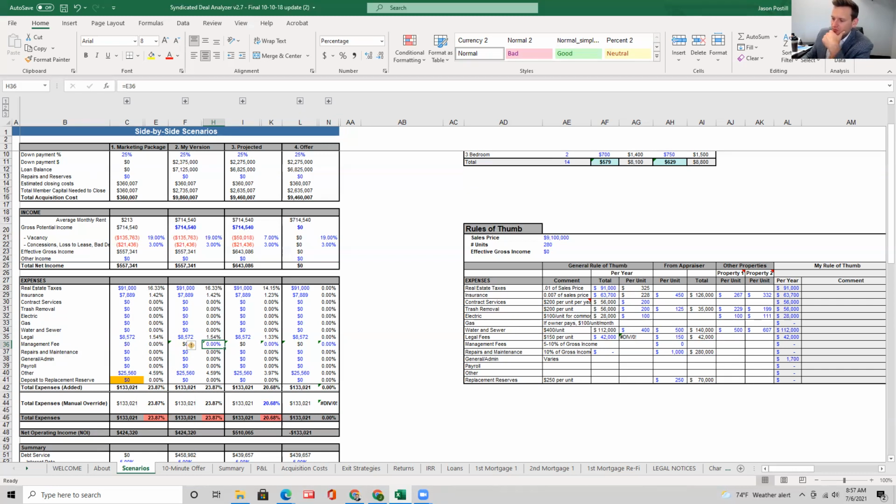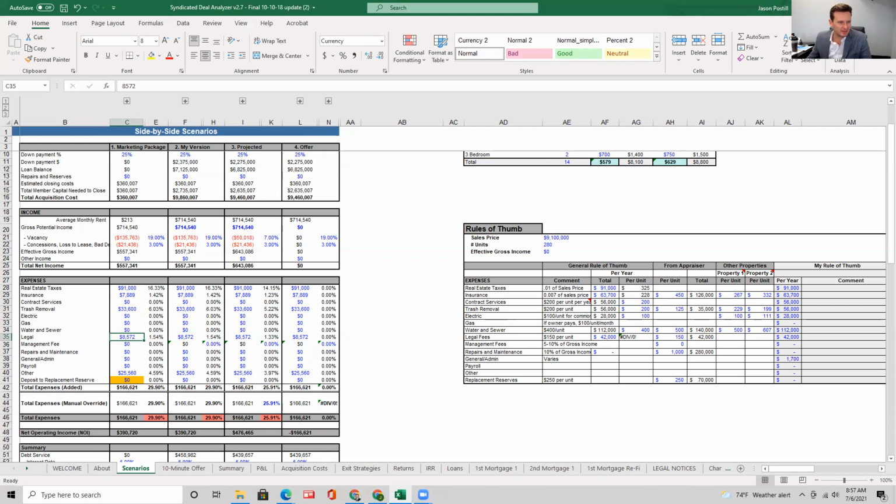So trash removal could be another 3,600. Or a way to look at it too is if you do 200 a unit, you know, that's more in apartments. That could be valet. That's 45,000. So 33, you know, that's a good ballpark number.